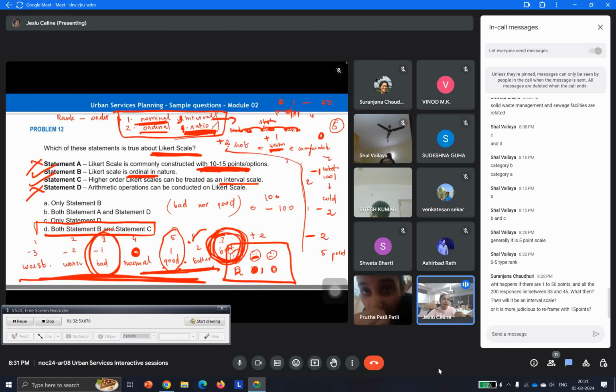Or are you trying to understand the difference in opinion between people? Then you need to split this, because there might be a lot of difference between 33 and 45, and you're interested to find the dispersion, the difference that the population wants. So then you need to go further and analyze that.